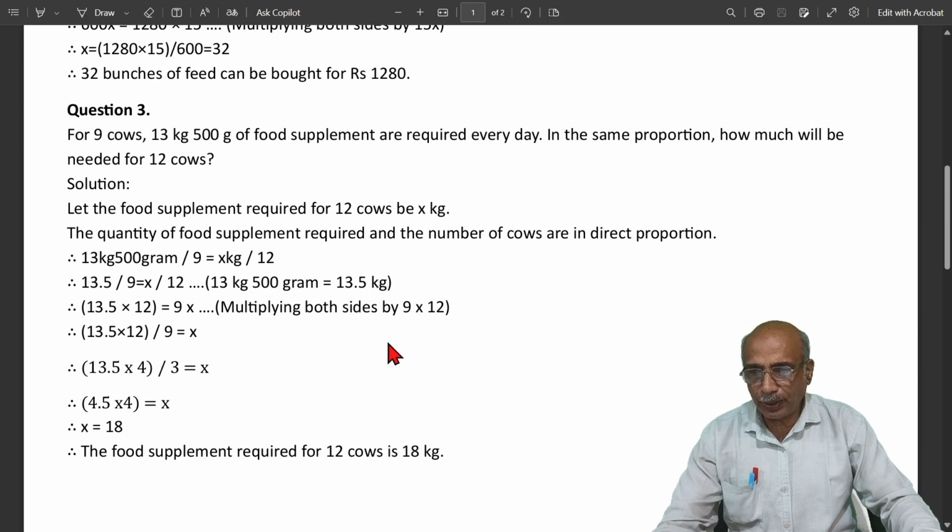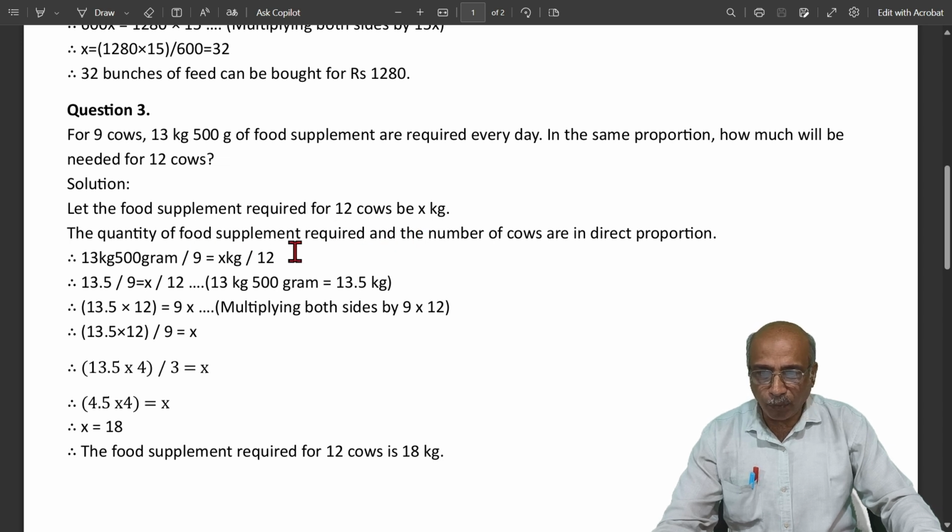Next example. For 9 cows, 13 kg 500 grams of food supplement are required every day. In the same proportion, how much will be needed for 12 cows? How much food supplement will be needed for 12 cows? So let the food supplement required for 12 cows be x kg.